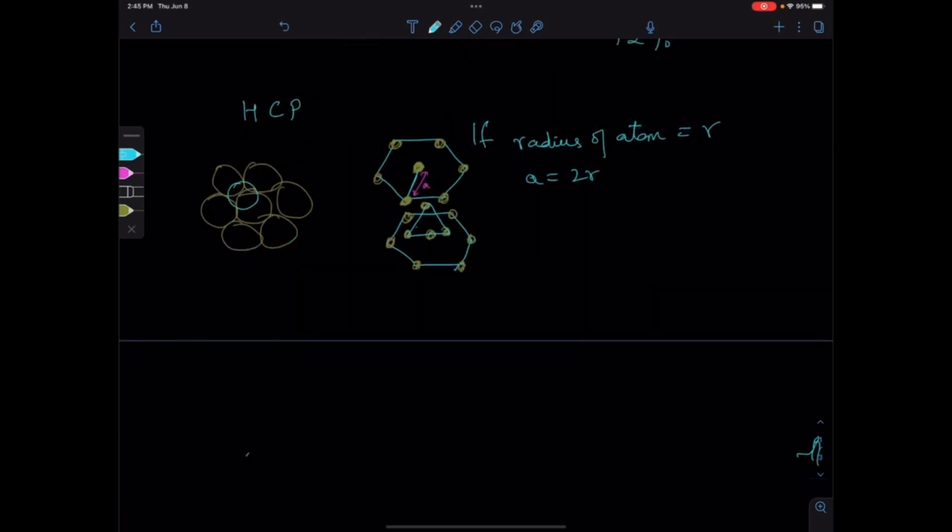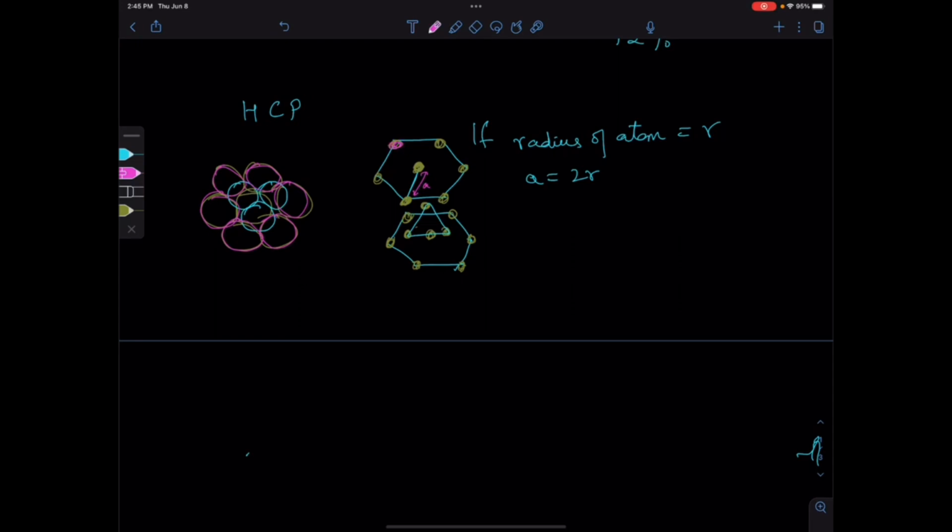So the next layer will have atoms here in these voids, and then again the layer above will have atoms like this, which are right above the lower hexagonal layer, and so on and so forth.